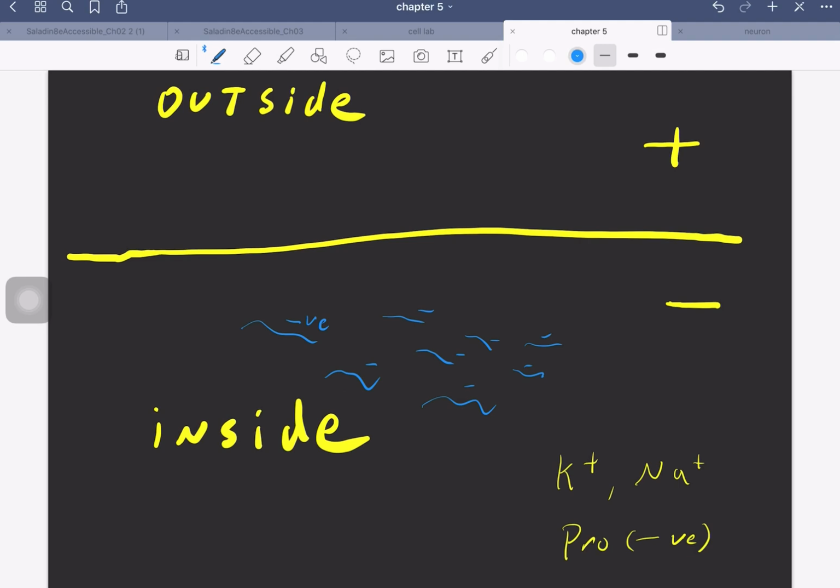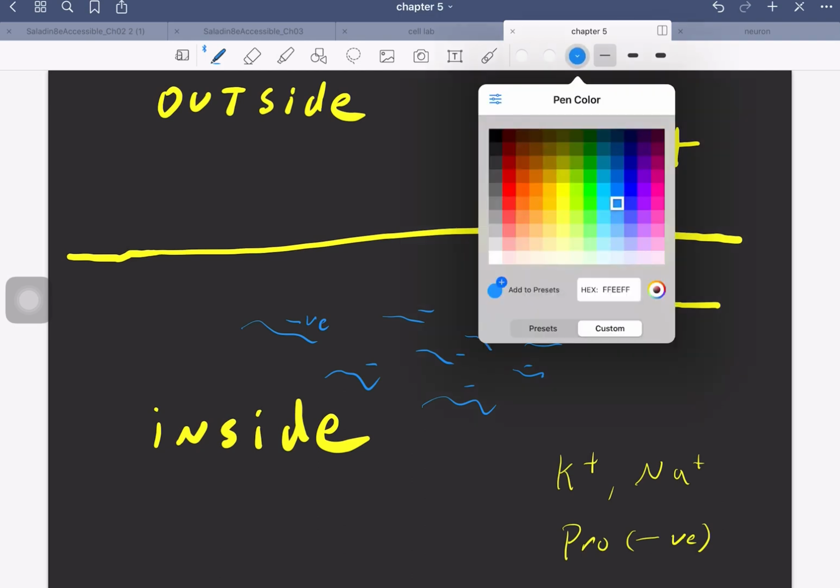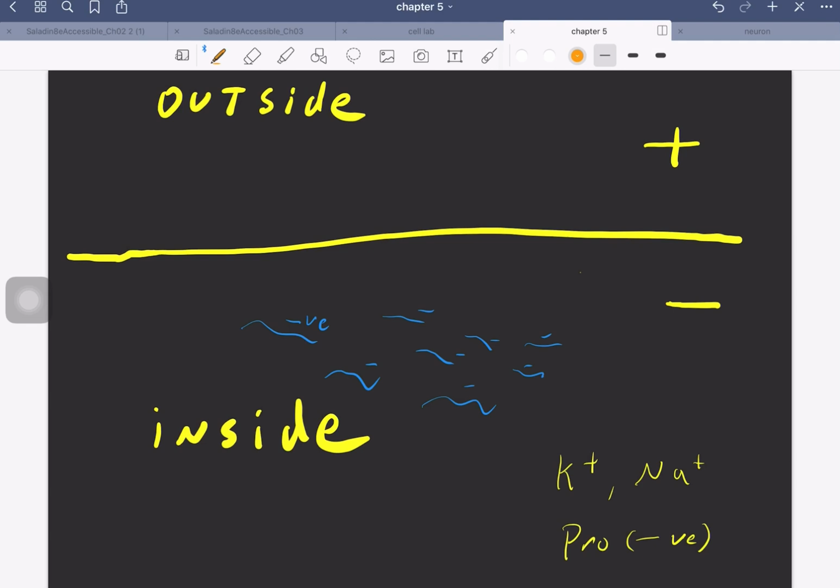Now let's look at potassium, and we'll go for orange for potassium. It's positive. Now, once I set up the concentration gradient, I'm predominantly going to have more potassium inside the cell than outside, and more sodium on the outside versus inside.